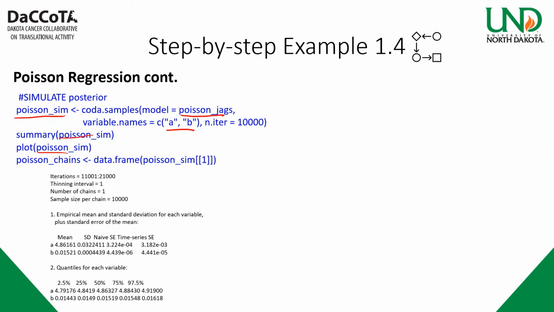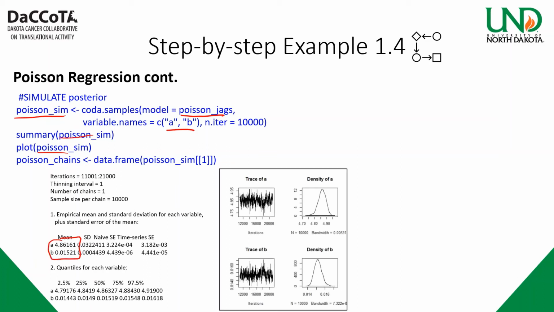So this is the outcome. We have our means for A and B. Traces look okay. Looks like, again, we can match this up here. It's about 4.85, 8.6. That's the same thing it's giving us here. And this is 0.015 about. That's the most likely area, but then of course it spreads out here.